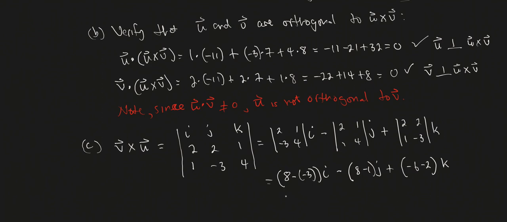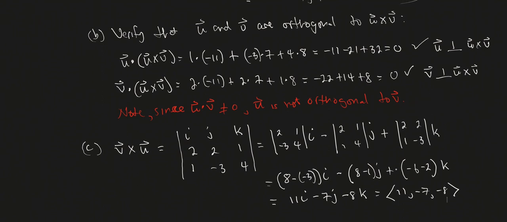So when we simplify, we end up with 11i minus 7j, and then minus 8k, which again we can write using our angled brackets as 11, comma, negative 7, negative 8.